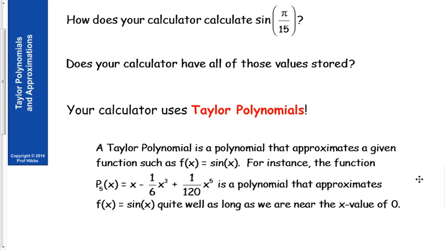So this polynomial, p sub 5, is called a fifth order Taylor polynomial for the function f of x equals sine of x. And in this case, it approximates it very well as long as our x values are close to 0. When we get x values that are further away from 0, then it might not approximate it so well.